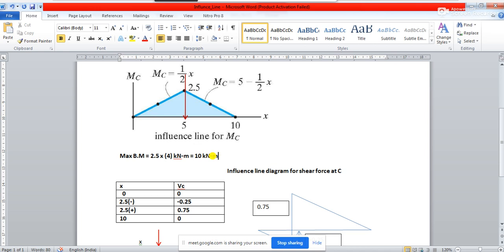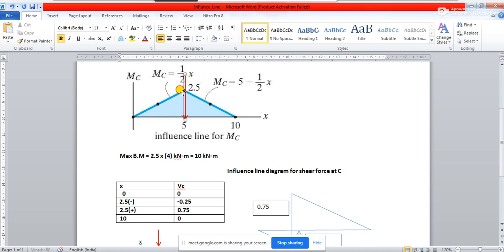So that means if you want to find out the bending moment or shear force because of the movement of a concentrated load over a beam at a particular point, you first construct the influence line diagram of either shear force or bending moment or reaction, and then put the load at whatever position you want and you are going to get the value.